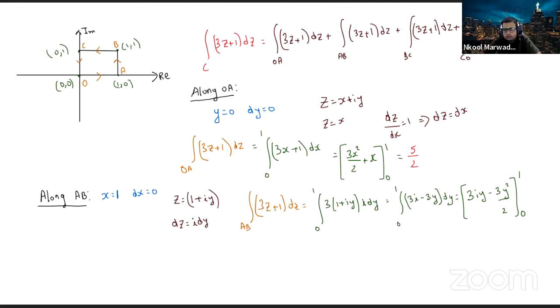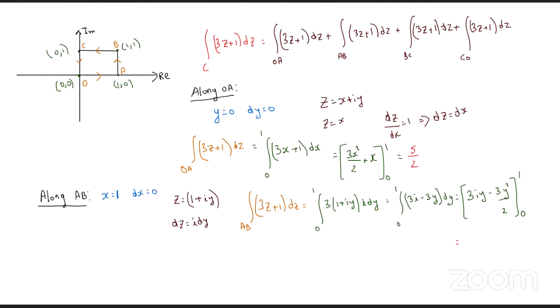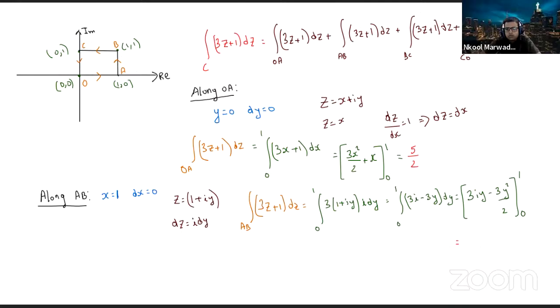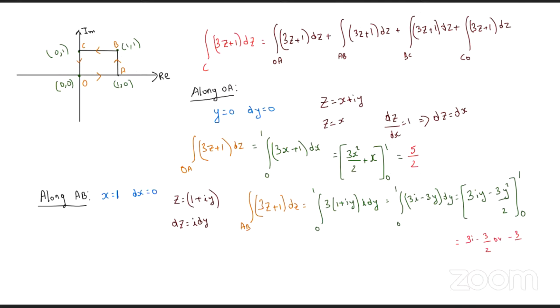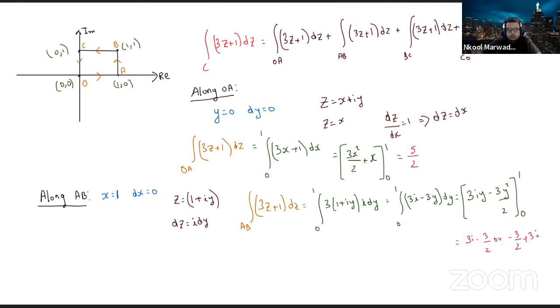It will be equal to 3i minus 3 by 2, or to be more precise, minus 3 by 2 plus 3i.